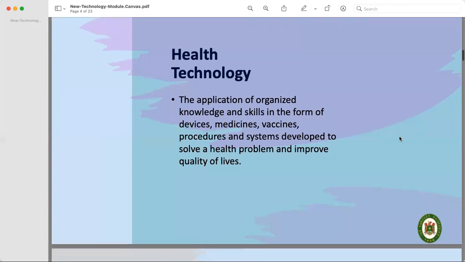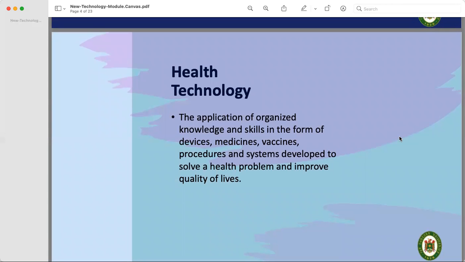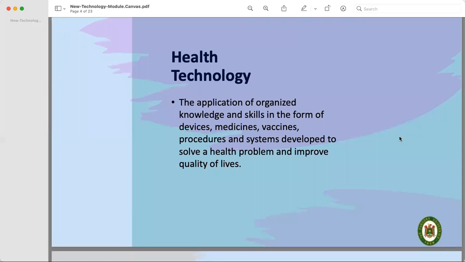Okay. In your next year, when you take up your nursing informatics, you will learn more about the practice of applying health technology in patient care management.